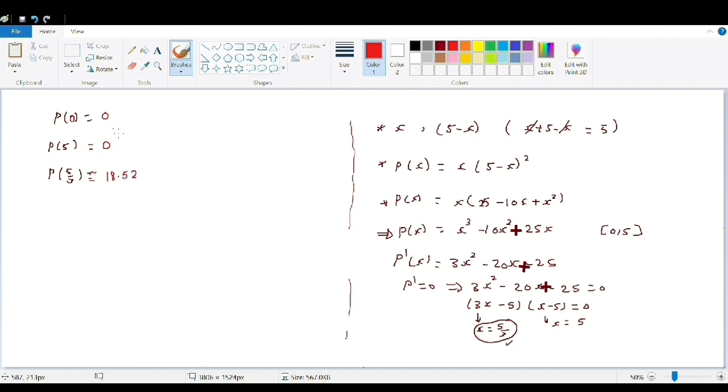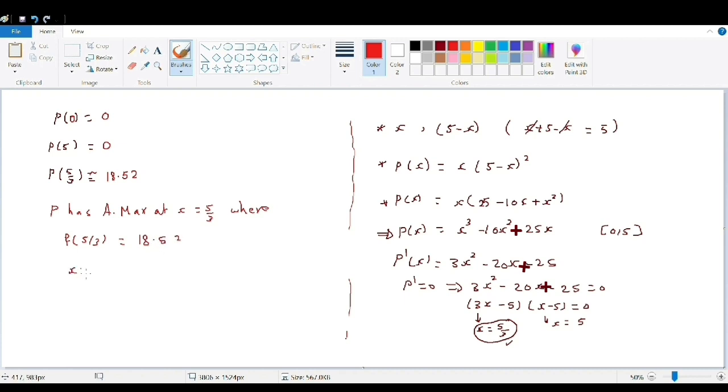So from here the highest one is 18.52, which is an absolute max at x equal to 5/3, where p of 5/3 is equal to 18.52.